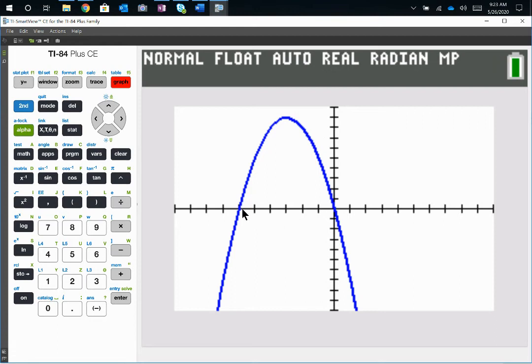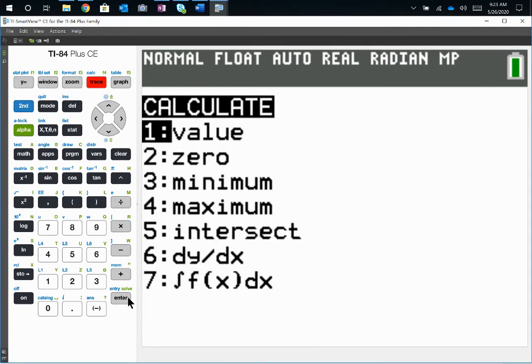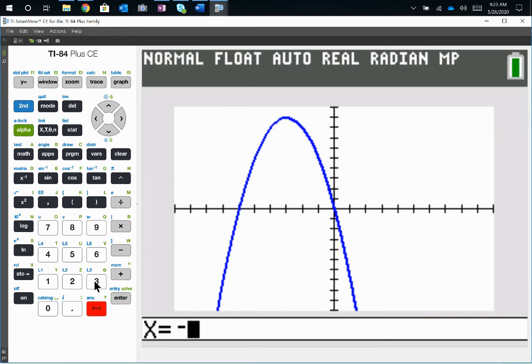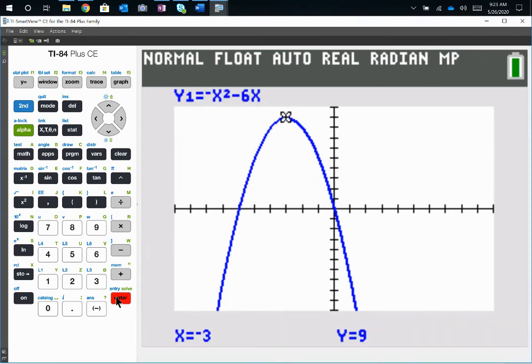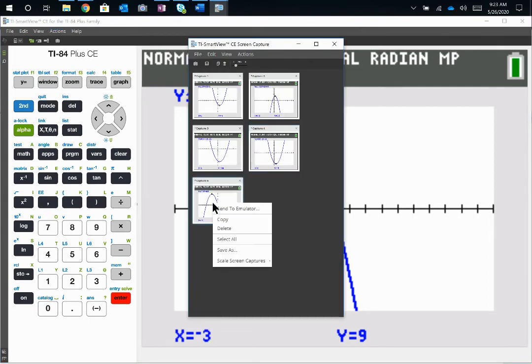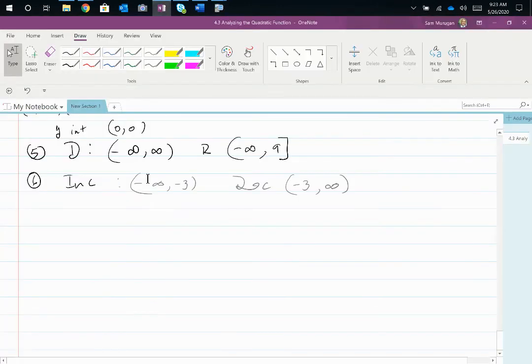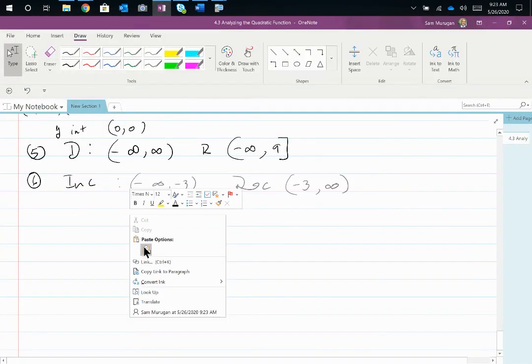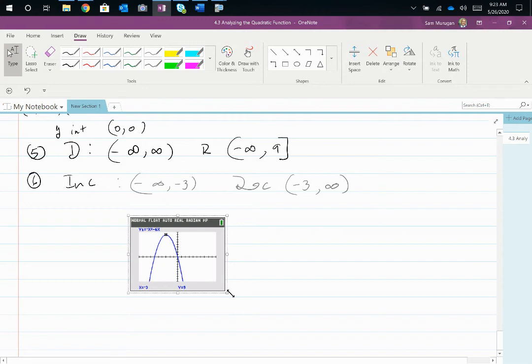And you can see your intercepts are at negative 6 and 0. You can see the graph is turned downwards. And we're going to make sure that our vertex is correct by typing in negative 3 and seeing that y is equal to negative 9. And putting that in our notes so we know that we've confirmed our graph for this function.